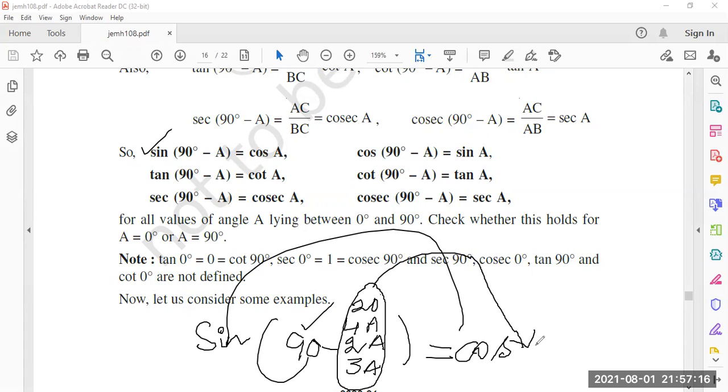If it is 20, then we will write 20, and if it is 4A, it will be replaced as 4A.